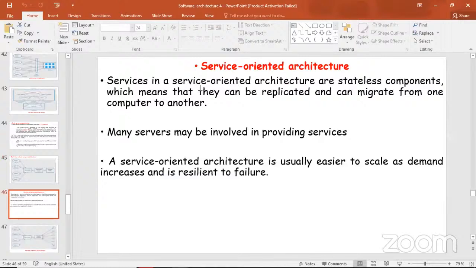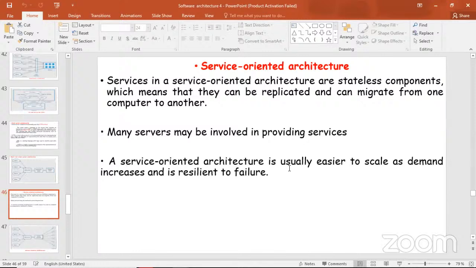A service-oriented architecture uses stateless components, which means that they can be replicated and can migrate from one computer to another. Many servers may be involved in providing services.